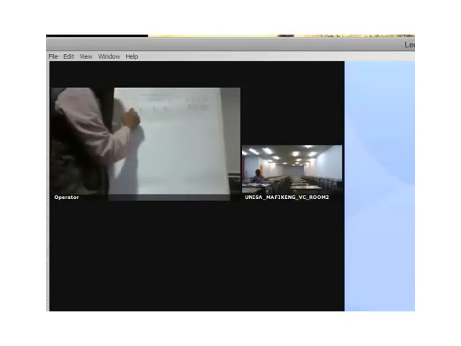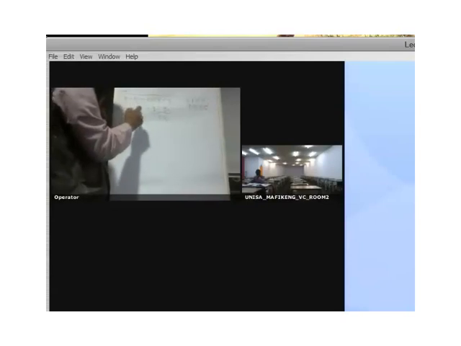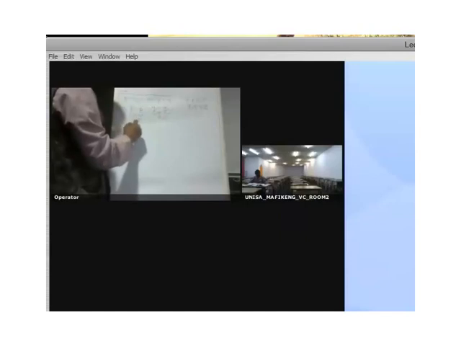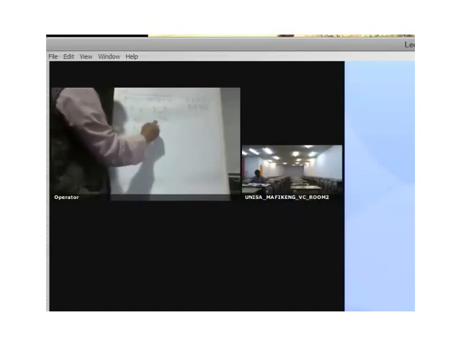Since P is a vector space, this is an element of P and this is an element of Q. So therefore p minus p prime is a member of P and Q.